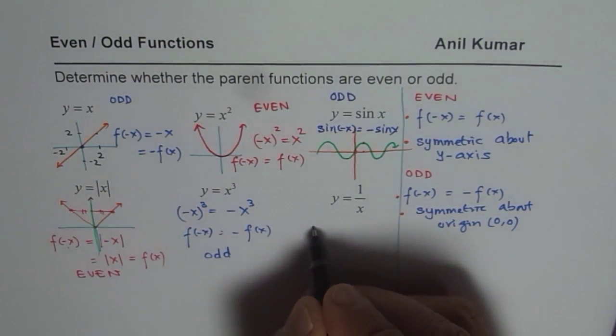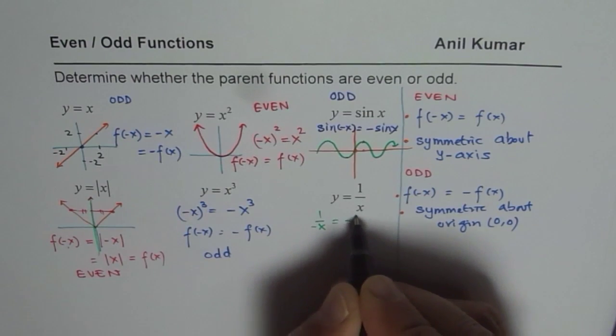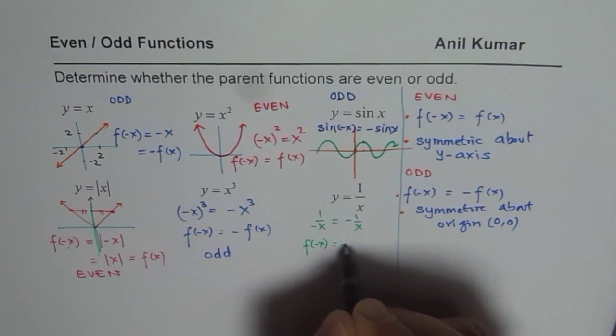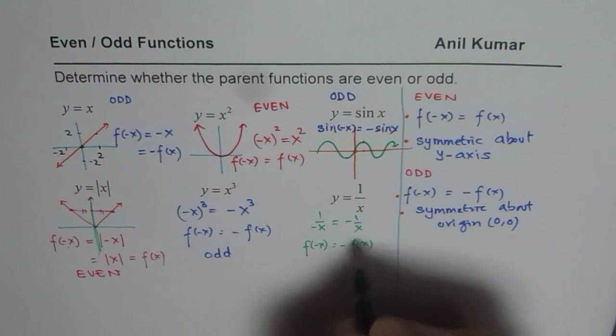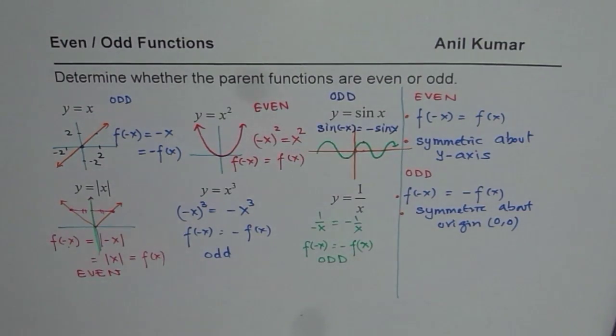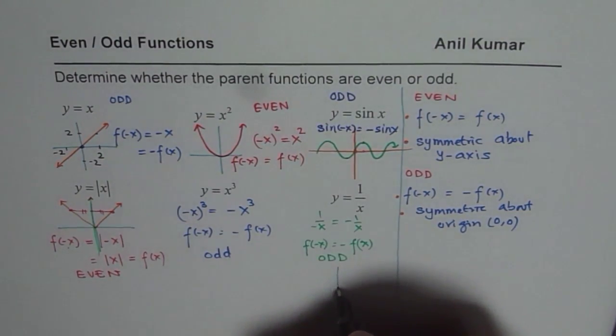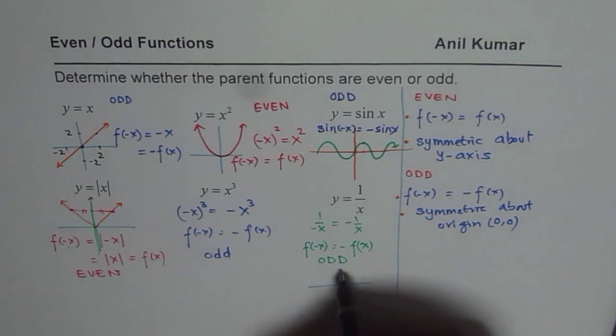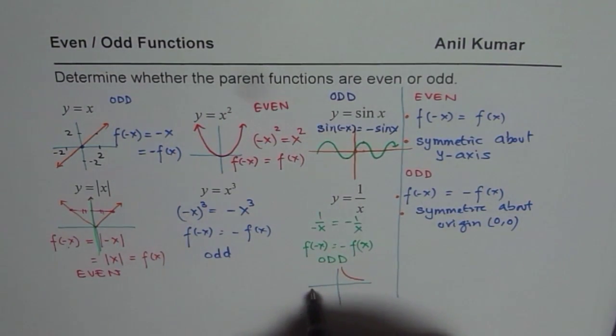If I have minus of 1 over x, therefore f of minus x is equal to minus of f of x, and this function is also an odd function. You could always sketch all these functions and check for yourself how they look. 1 over x is symmetric about the origin, so it has a point symmetry. All these points are symmetric about the origin.